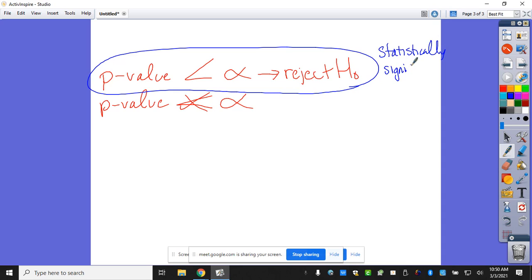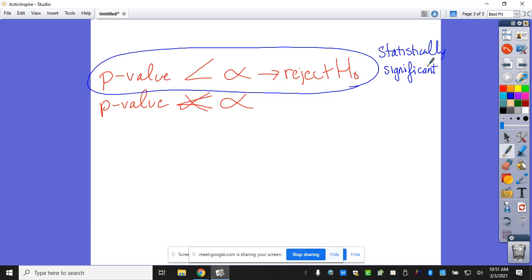So there are questions on the quiz where I say something like, is it statistically significant? With the number that we just went over from the homework, our p-value was 0.0456, our alpha was 0.01.